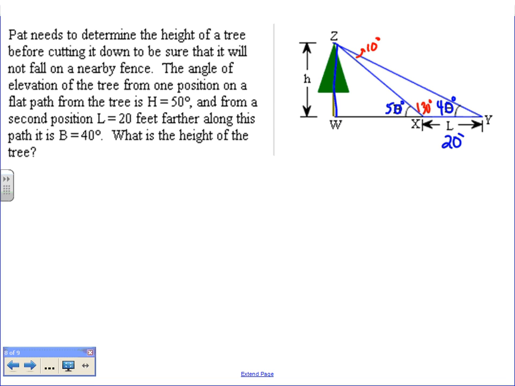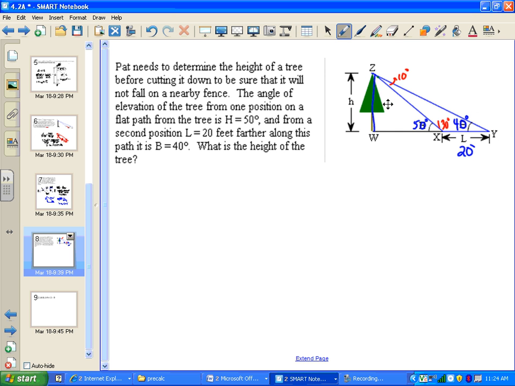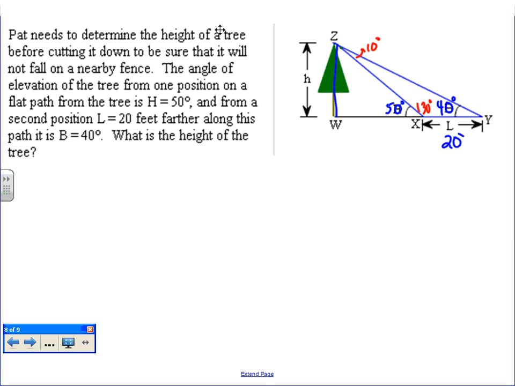Let's use law of sines to find out what this distance is. So we can find that distance on the triangle.